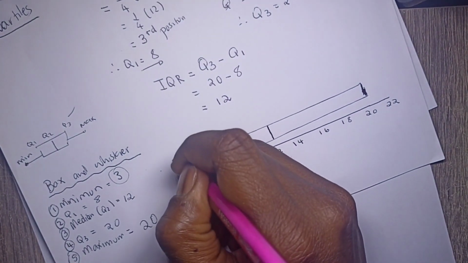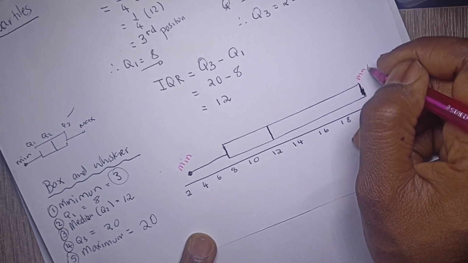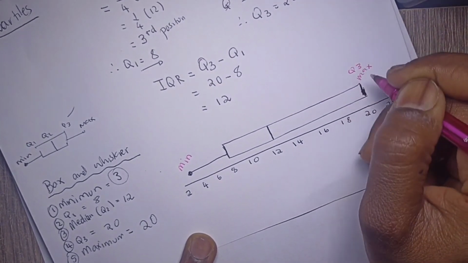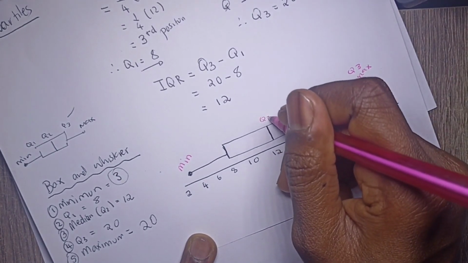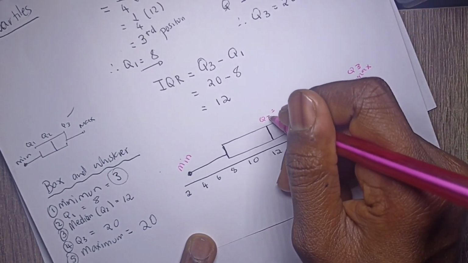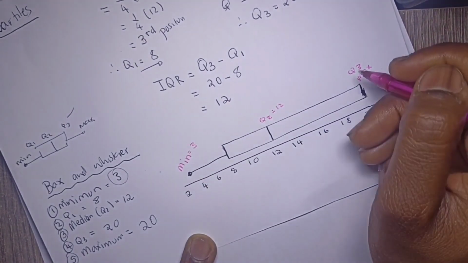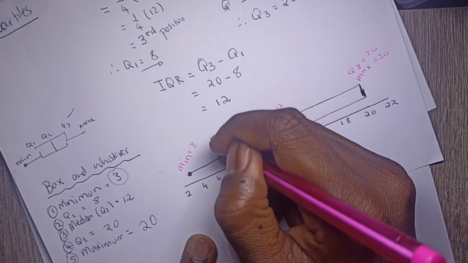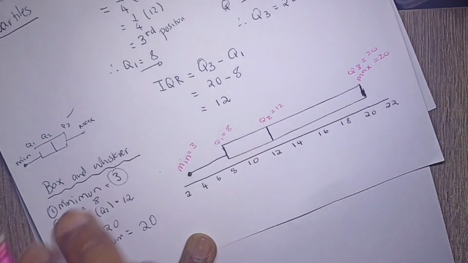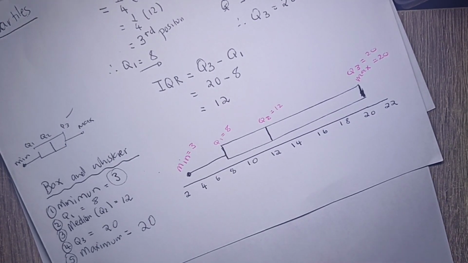You're going to write minimum value, maximum, which happens to be your Q3 also, and then Q2. So you can label the information, give the examiner the info so that you show that you know what you are talking about. You are not just guessing. So right there, this is the box and whisker. This is basically the summary of the group data.